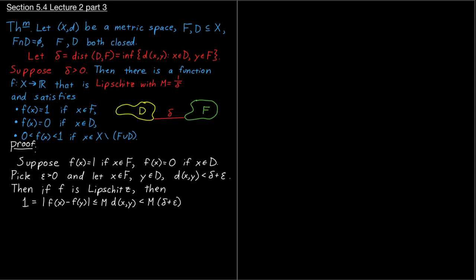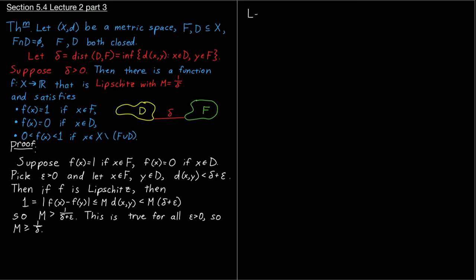And since delta and epsilon are positive, m has to be greater than 1 over delta plus epsilon. This is true for all epsilon greater than 0. So we've got that m has to be at least 1 over delta.